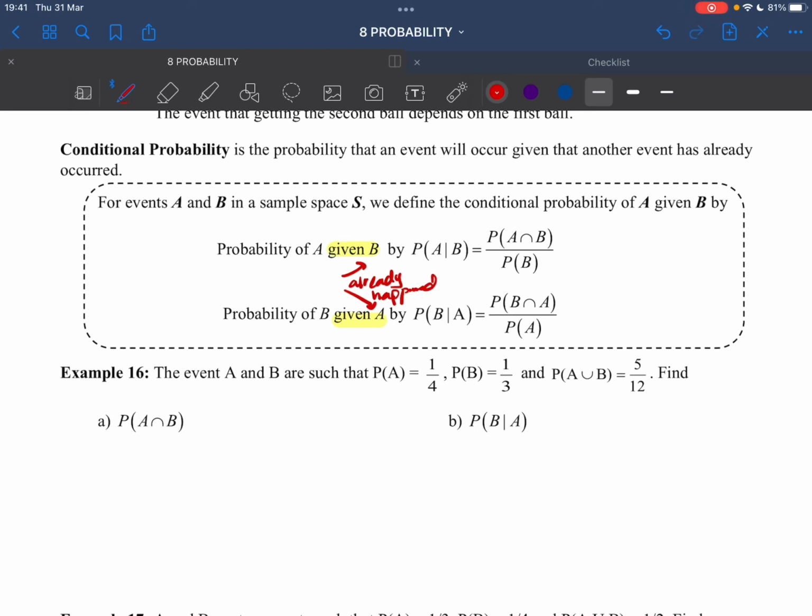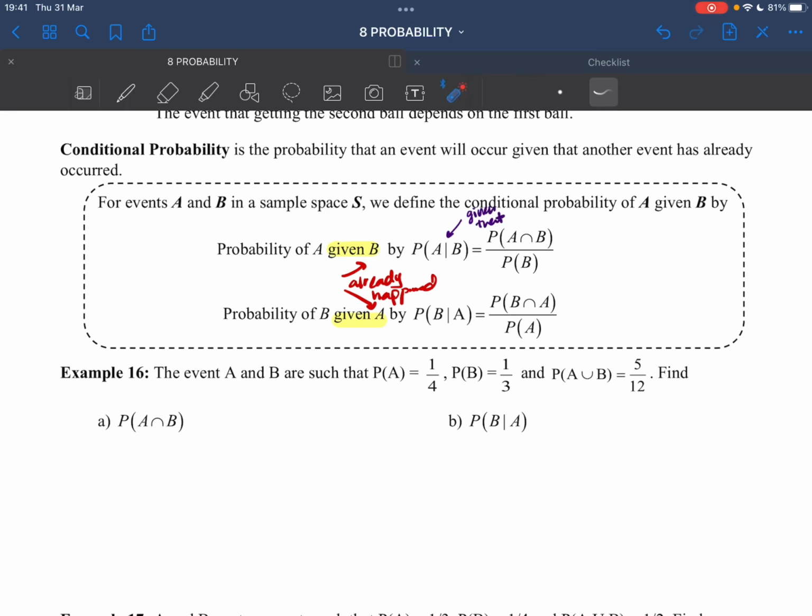This is the formula, P(A given B). The vertical bar here represents given that.